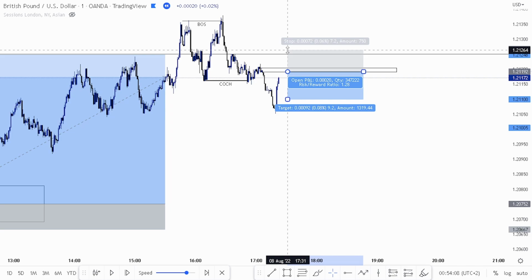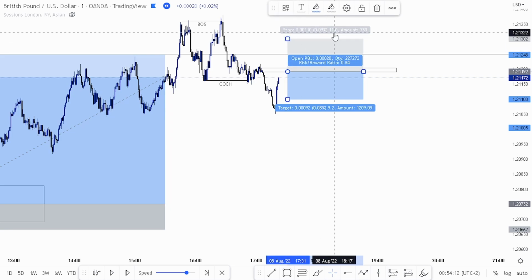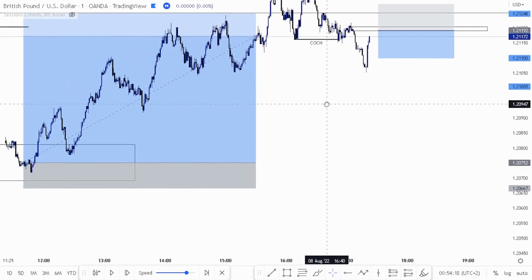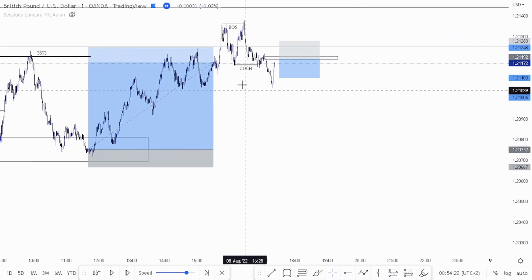And as you can see, guys, look at the amount of pips right over here. We had room to risk, it gave us freedom to over risk.